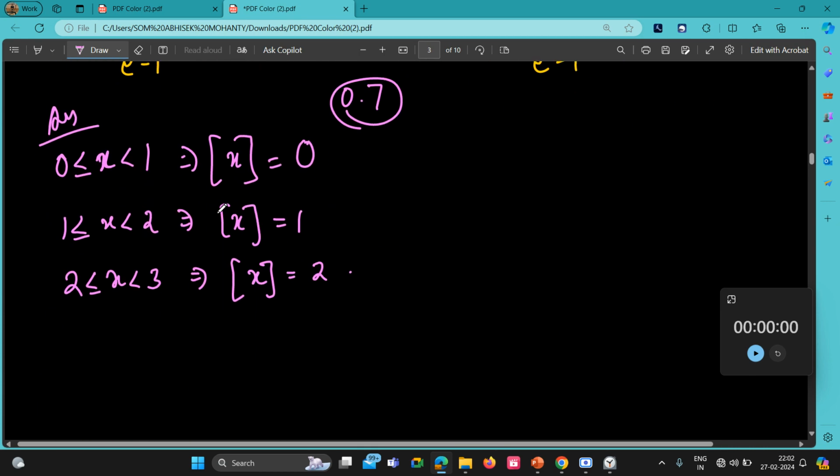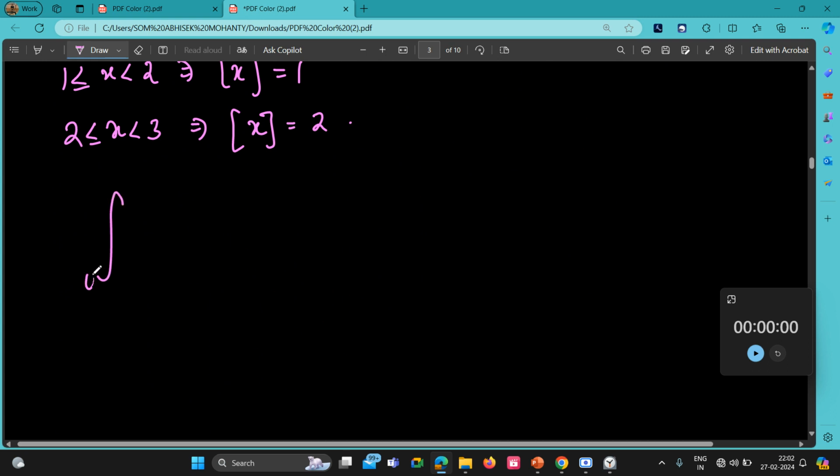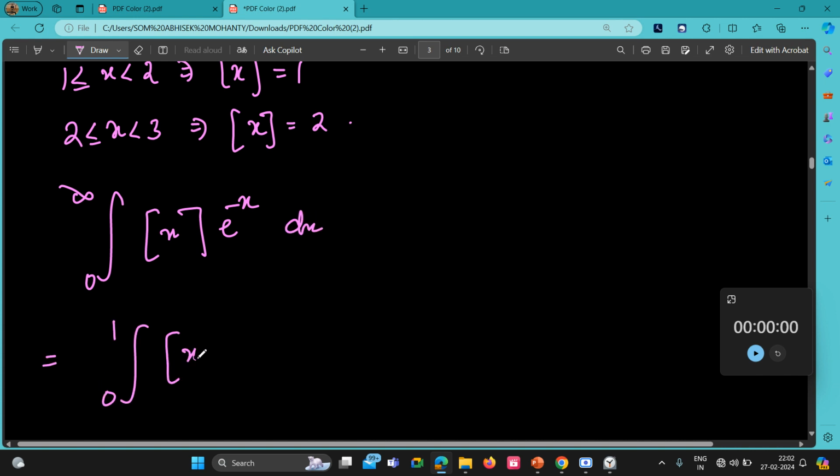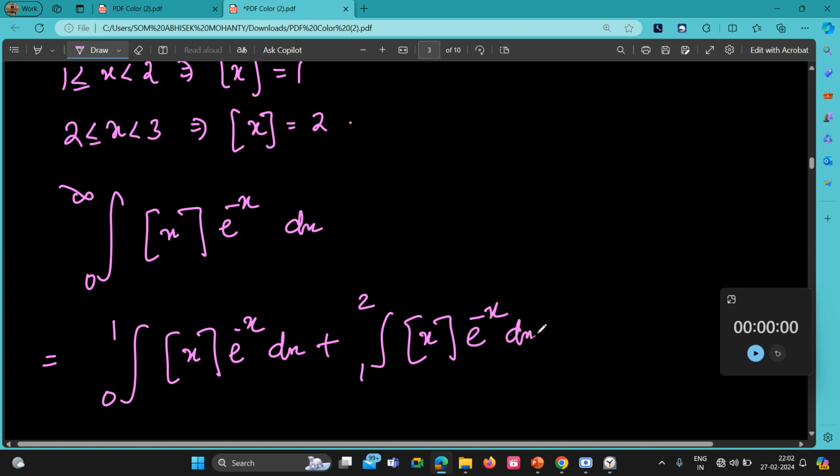So let's see how far we can go. Integral 0 to infinity [x] e to the power minus x dx is integral 0 to 1 of [x] e to the power minus x dx plus 1 to 2 of [x] e to the power minus x dx plus 2 to 3 of [x] e to the power minus x dx. It will go on and on.